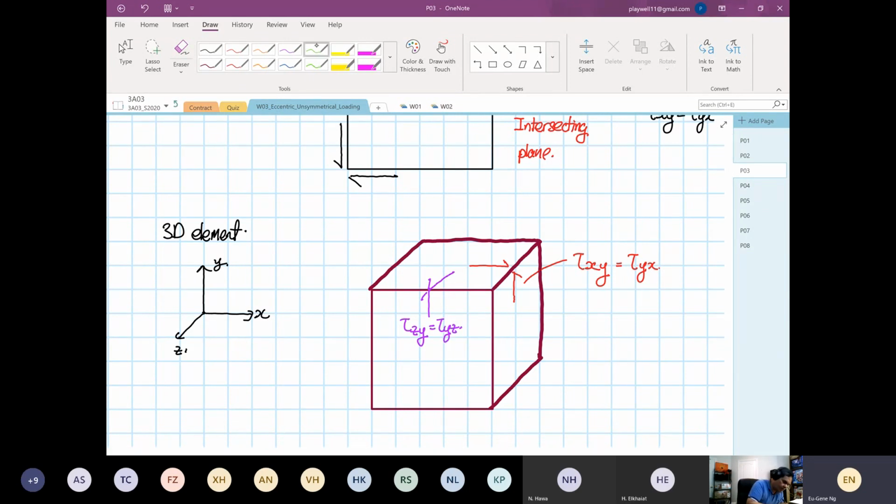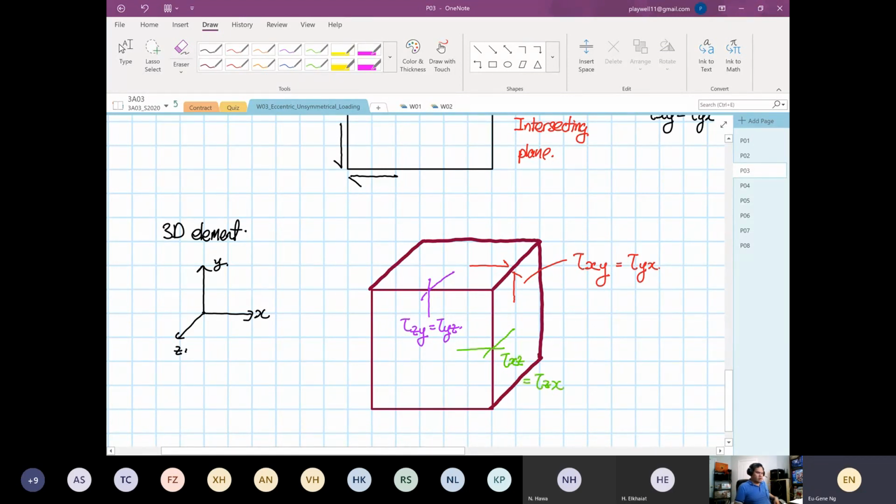And then finally, the last one. This is our shear direction. On the face that I'm writing on, this is the shear on the plane intersecting the x-axis, and the stress is acting in the z direction. So this will be equal to shear zx.